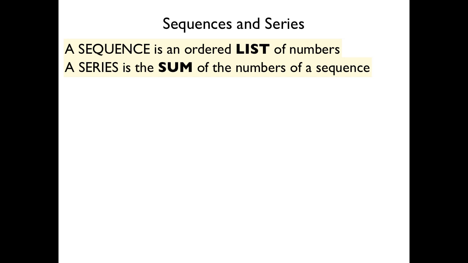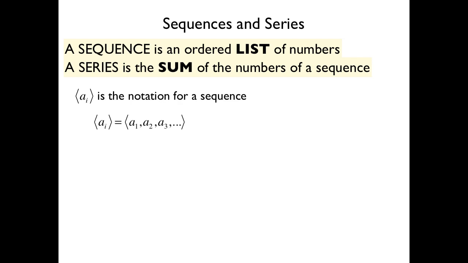So we'll first talk about sequences here. The notation for a sequence is this notation here. We use these chevrons. I don't know what else to call those. It's not parentheses, it's not brackets, it's not braces, so we'll call them chevrons. So what do we mean by that?